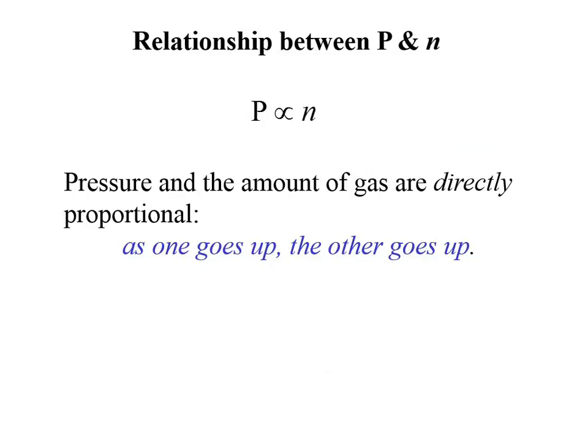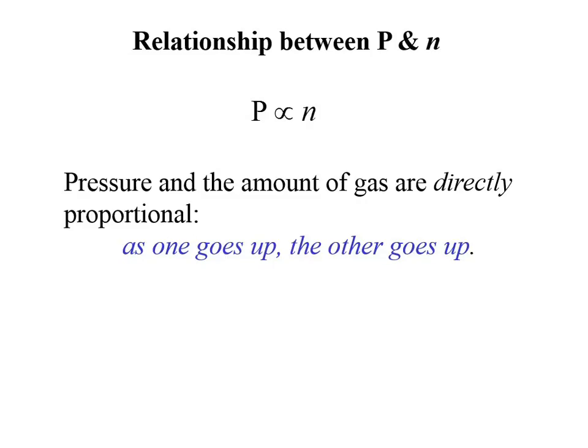Okay, so pressure is proportional to number of moles. I brought in some things to show you. A good example is if you inflate a balloon, using this little balloon inflator, to basically its capacity. Let's say that's about as big as it can get.